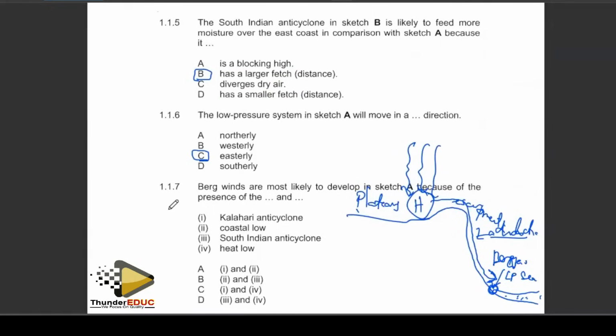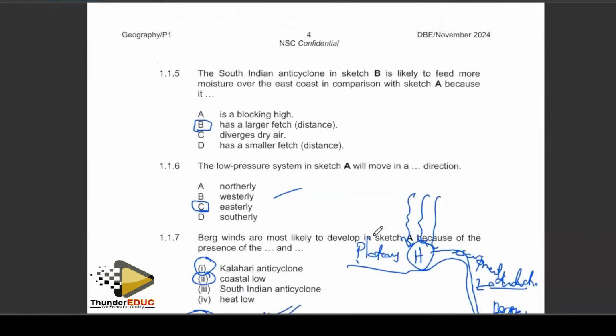It's a factor which favors high pressure over the interior and creating pressure gradient. And also we have the coastal low. So our two correct responses are item number 1, which talks about the Kalahari, and item number 2, which talks about the coastal low. So these two are matched with item A. Item A becomes our correct response to that particular question.